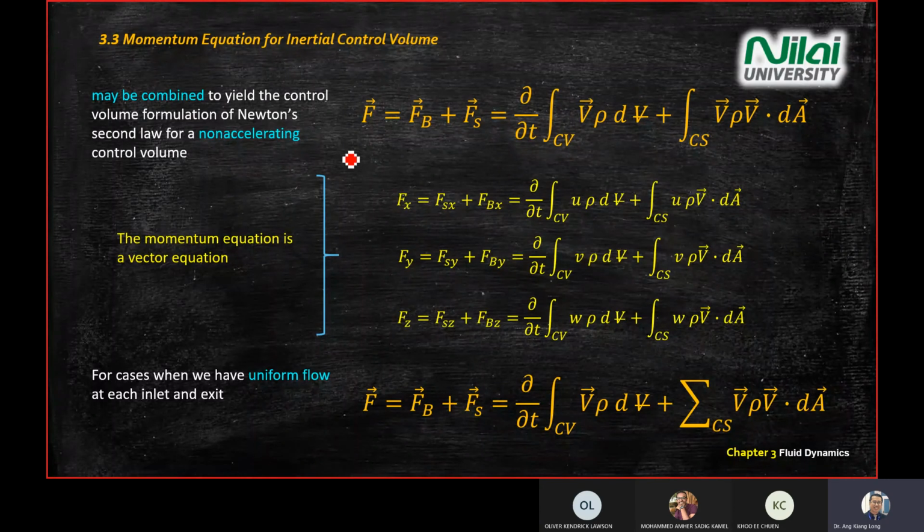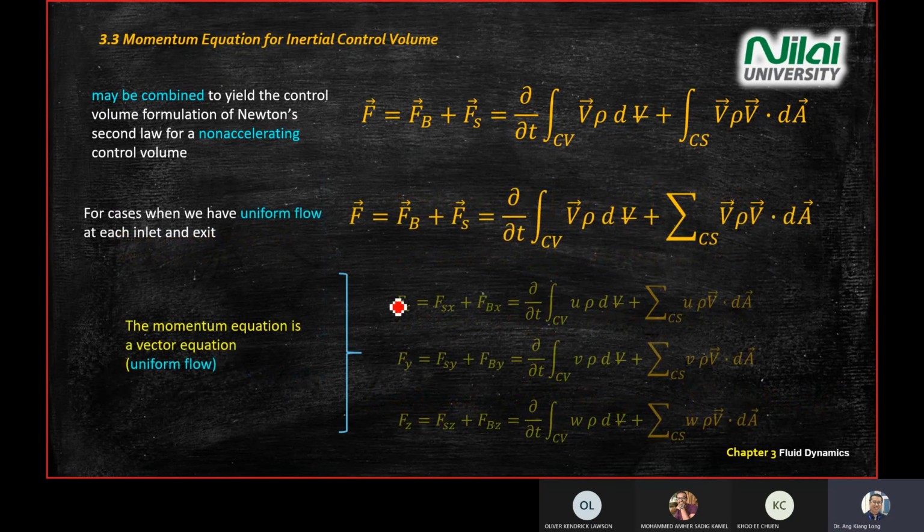We look at momentum for a non-accelerating control volume. The next slide is just the same as the previous slides. The only change is the second term here. If it's in the x direction, change to u. If it's y, change to v. If it's z, change to w. So we have two scenarios when it comes to the momentum equation. Look for the keyword in the question.